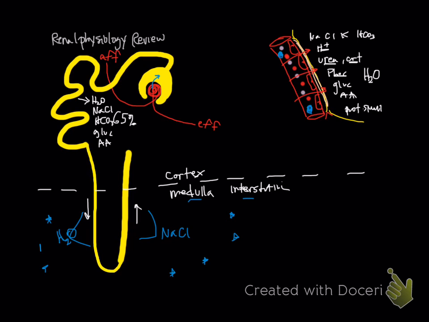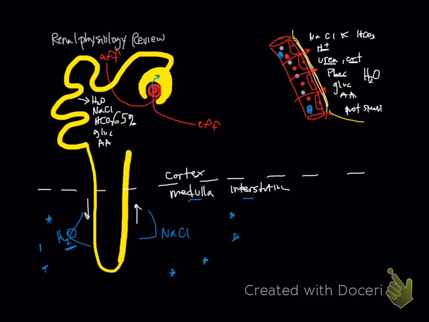So again, the ascending limb is what allows us to actively reabsorb sodium and chloride, and our descending limb is what allows us to passively reabsorb water. And of course this is called countercurrent multiplication because it's this active reabsorption of sodium and chloride that allows for the passive reabsorption of water, because of how salty this background medullary interstitium is.